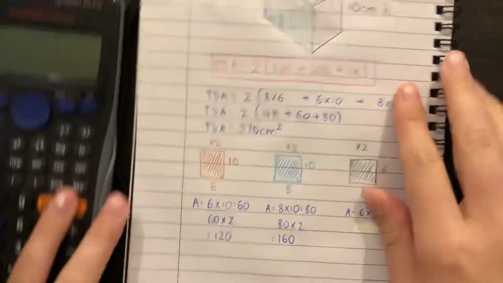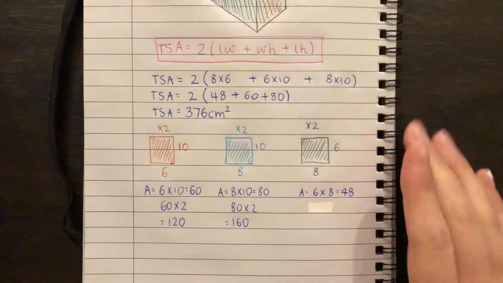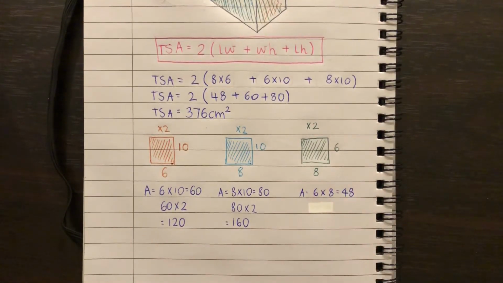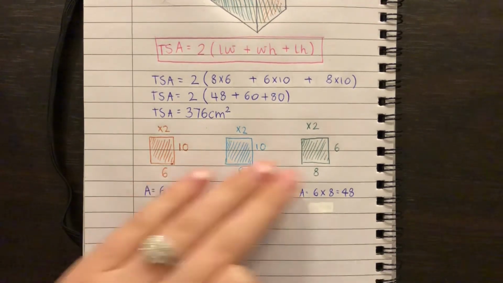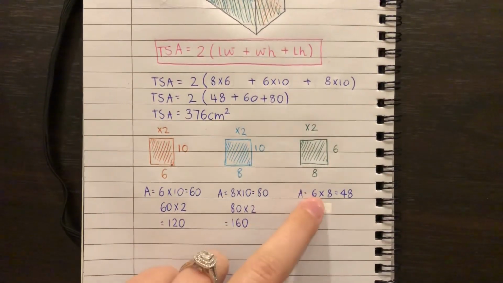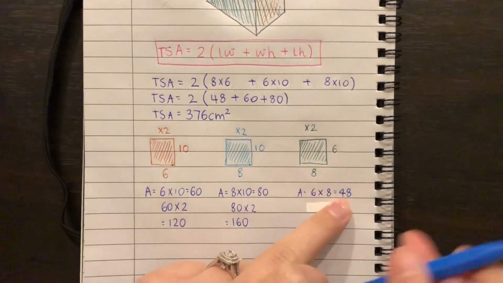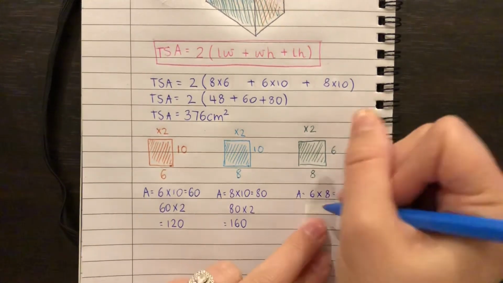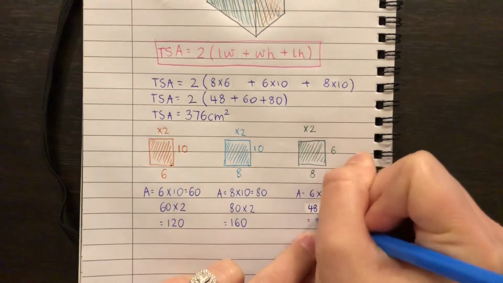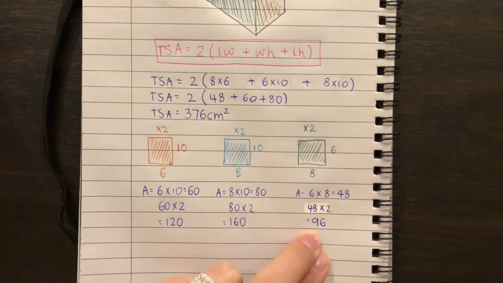All right, now don't get confused because just like I did there, I jumped a step, but if you take your time and you do the full working out, you wouldn't make a mistake. So 6 times 8 equals 48, and then 48 times 2 equals 96.